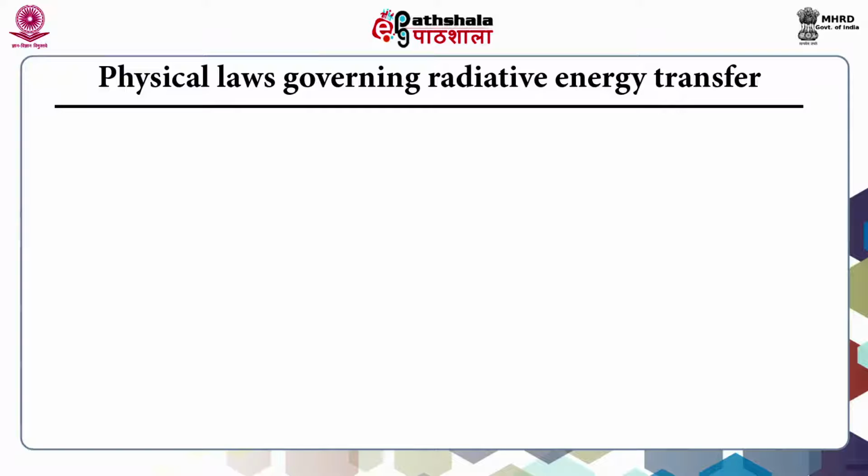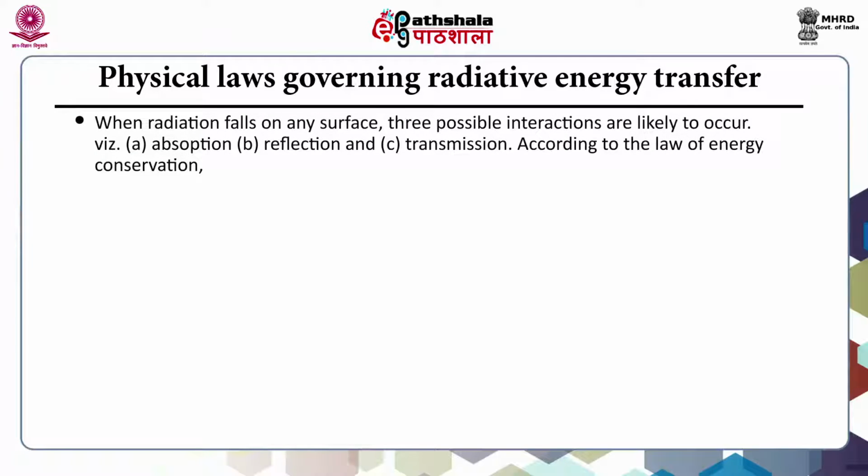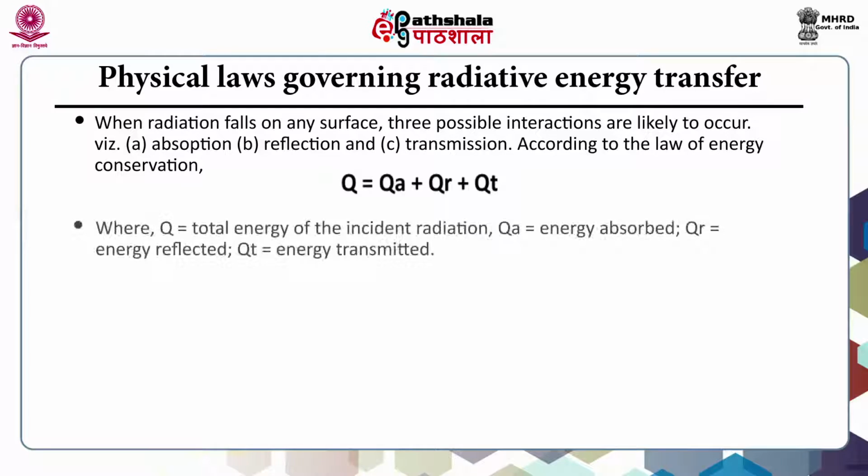First, we will see the physical laws that govern radiative energy transfer. Energy conservation law: when radiation falls on any surface, three possible interactions are likely to occur, that is absorption, reflection and transmission. So, according to the law of energy conservation, Q = QA + QR + QT, where Q is the total energy of the incident radiation, QA is the energy absorbed, QR is the energy reflected and QT is the energy transmitted.